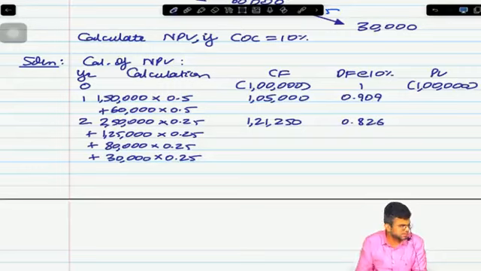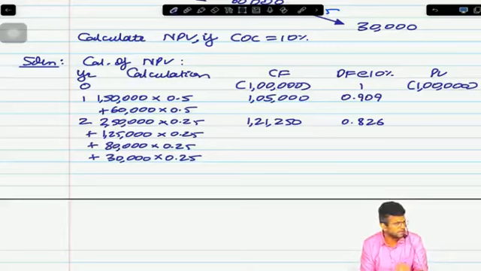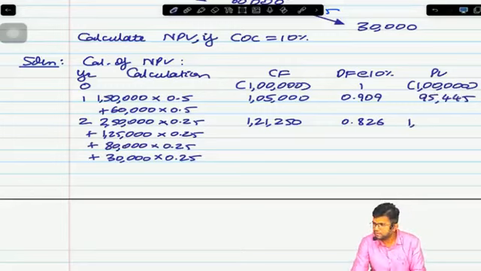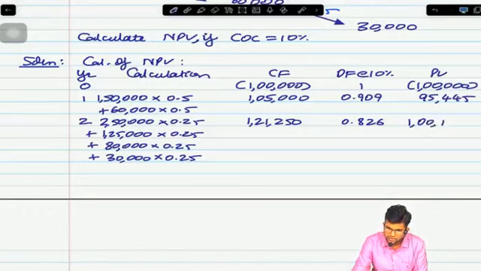1,05,000 into 0.909. Come on. Why is nobody responding? Give me the answer fast. I want one number. 1,05,000 into 0.909. 95,445.